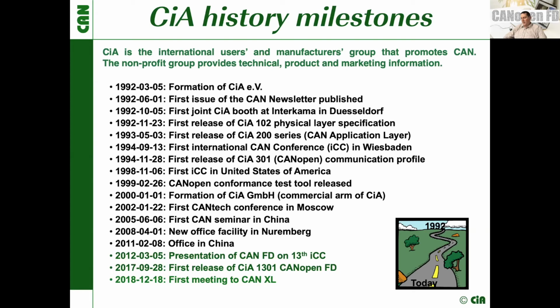Furthermore, we accompany the development of future CAN-based solutions here at CAN Automation. So for example, people from Bosch presented here at CAN Automation in the frame of the International CAN Conference the next generation of CAN. In 2012, this had been the CAN with flexible data rate. How can we achieve higher data throughput in CAN-based systems?